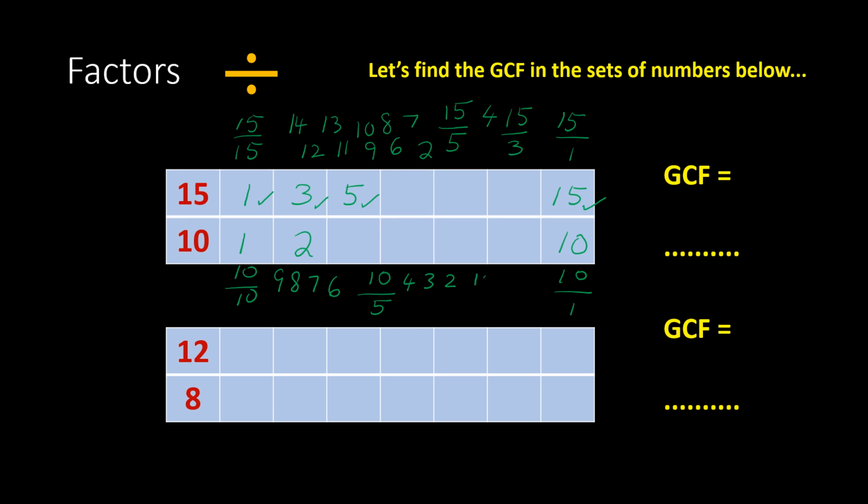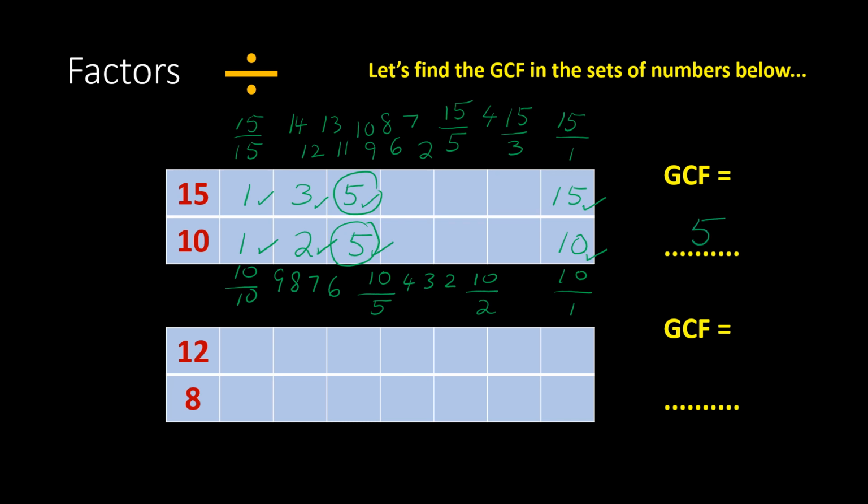Yes. 10 divided by 2, you get 5. And divide by 1, you get 10. So the factors of 10 are 1, 2, 5, and 10. Now, what is the greatest common factor? Well, I can see 5. 5 is the greatest common factor.